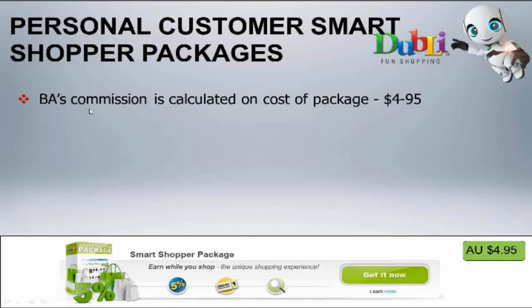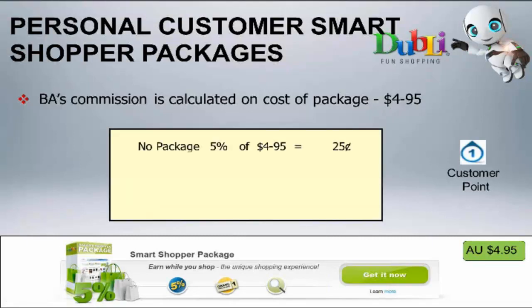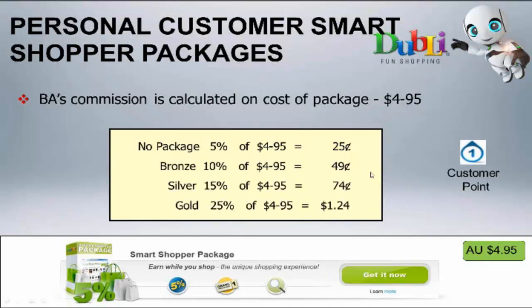Your commission is calculated on the full cost of the package. So once again, $4.95. So once again, 5% is worth 25, 10 is worth 49, silver is worth 74 cents, and the gold, which is 25%, is worth $1.24. So it's identical to the Music on Demand package.